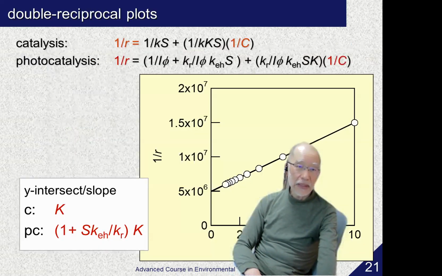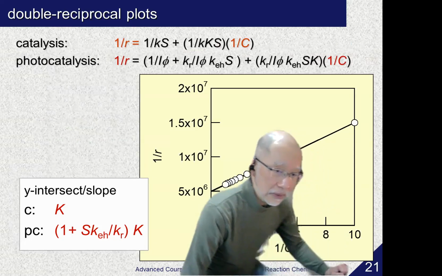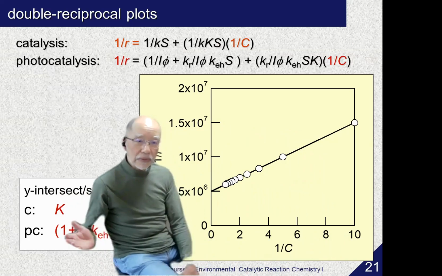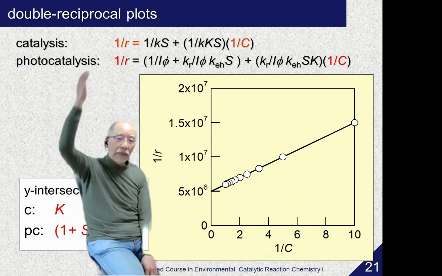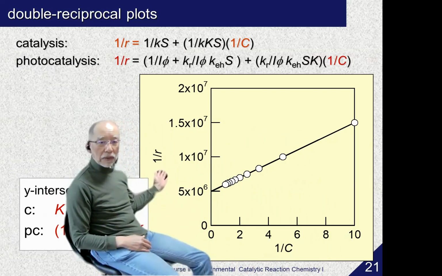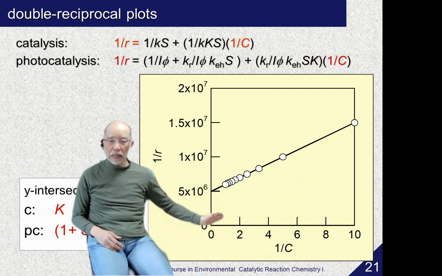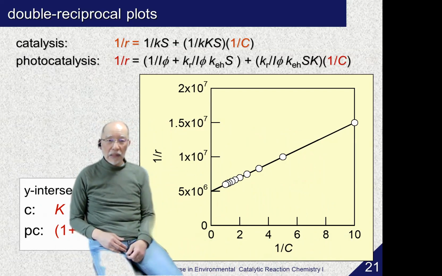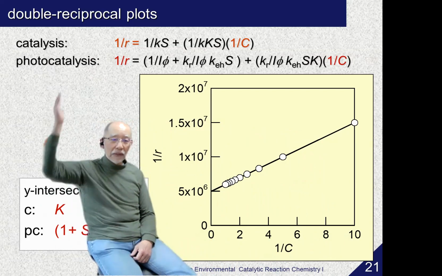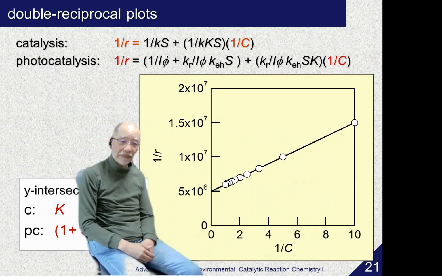So the linearization for catalysis, that is, the surface concentration, can be shown like this. So therefore, reciprocal R can change linearly depending on reciprocal C. And in photocatalysis, a similar equation is possible. So therefore, 1/R can change linearly with 1/C.